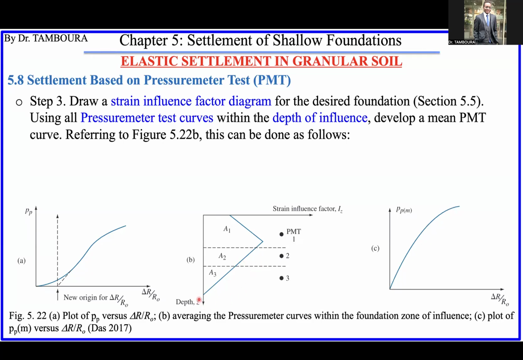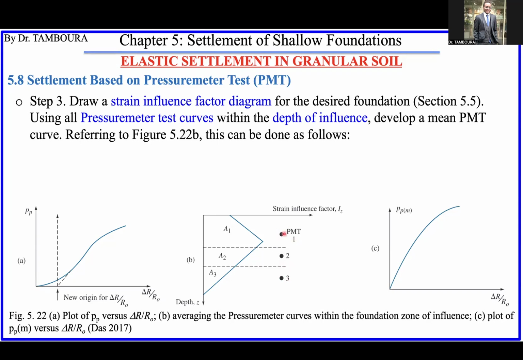It is here. From here it is 0. So gather all the PMT tests you did in this zone.